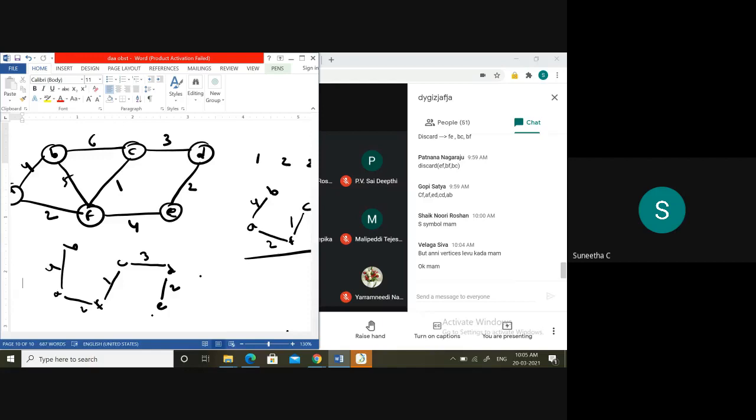Is the minimum cost spanning tree for a graph unique, or are more than one possible? Unique in the sense only one MST is possible for a graph, or more than one possible?